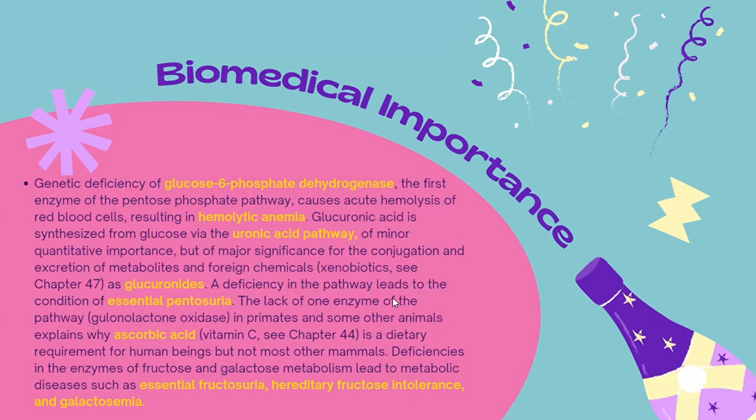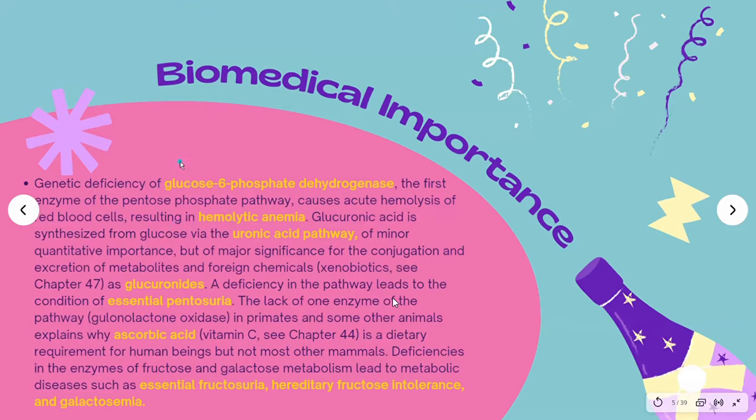There's another one here, something that's very important also, because we're talking about biomedical importance. It says genetic deficiency of glucose 6-phosphate dehydrogenase, the first enzyme of the pentose phosphate pathway, causes acute hemolysis of the blood cells, resulting in hemolytic anemia. How can that be?